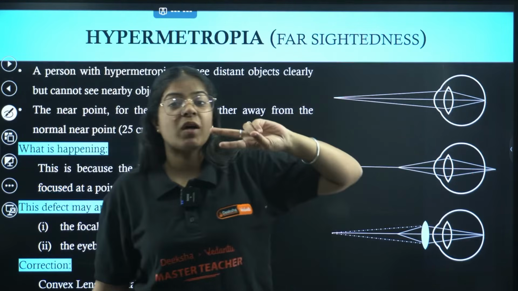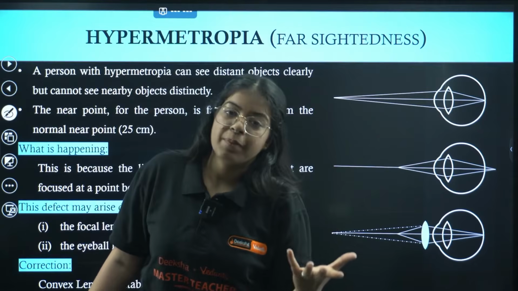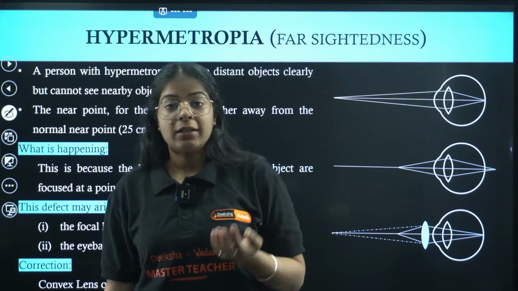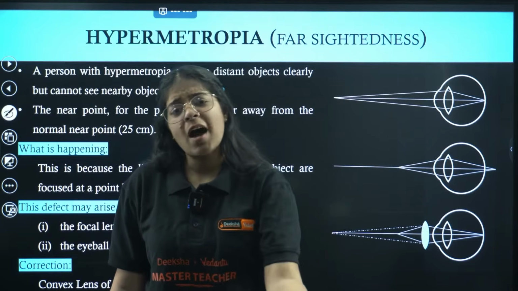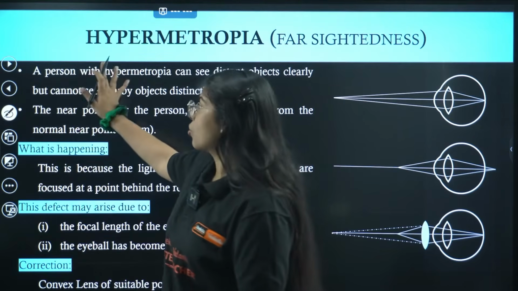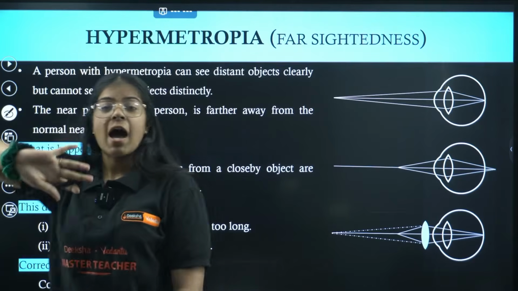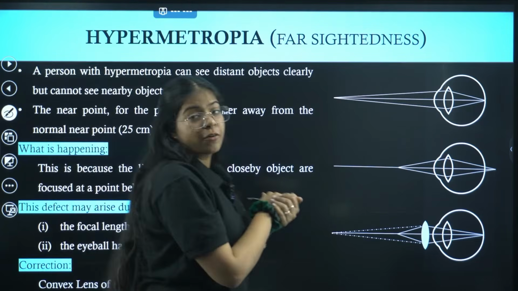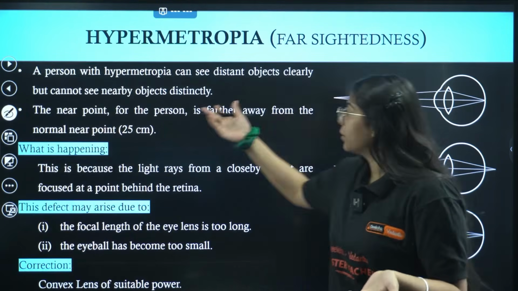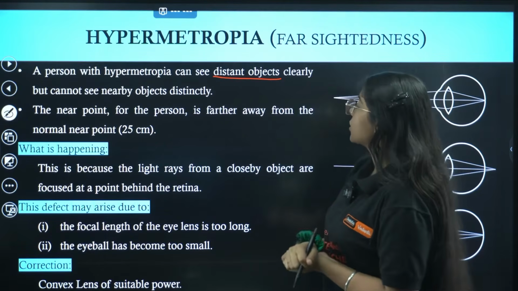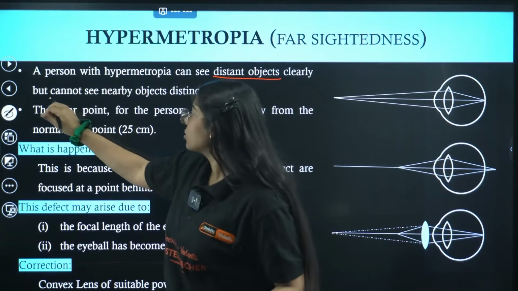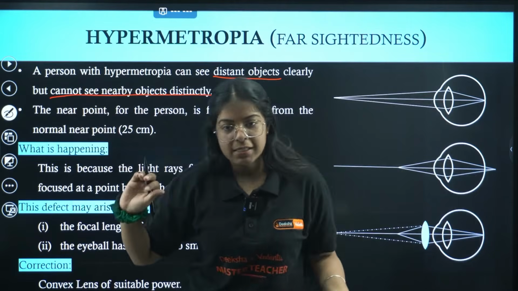Hypermetropia is the one that your grandparents might have, where they cannot see nearby objects clearly, but they can see far objects very clearly. That is why it's called far-sightedness. A person with hypermetropia can see distant objects clearly, but cannot see nearby objects distinctly.